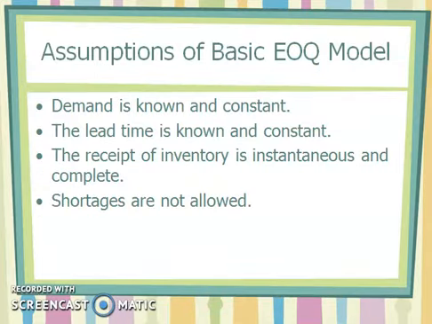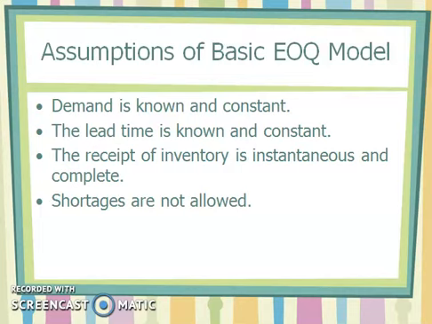So now let's talk about the various assumptions of the basic EOQ model. The basic EOQ model assumes that demand is known and constant. So we assume that whatever annual demand is, it is known in advance and it will remain constant. It will not change during the course of time.